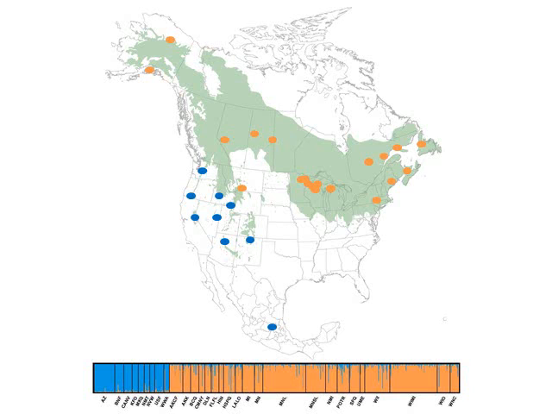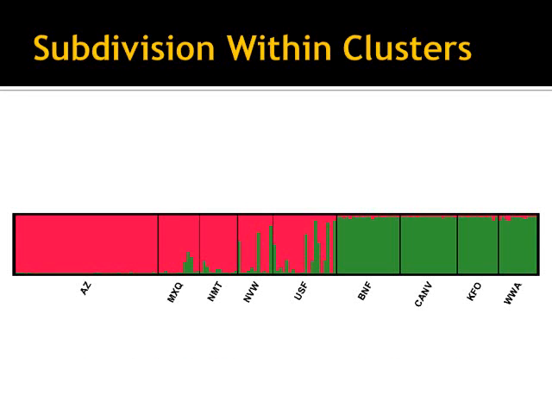So the next thing that we wanted to do is look for any subdivision within these 2 clusters. So we separated them out and ran a structure analysis on each group to see if there was any further structuring within them. And when we did this for our western cluster, that blue group from the previous slide, we found once again that k equals 2 was the most likely number of clusters.